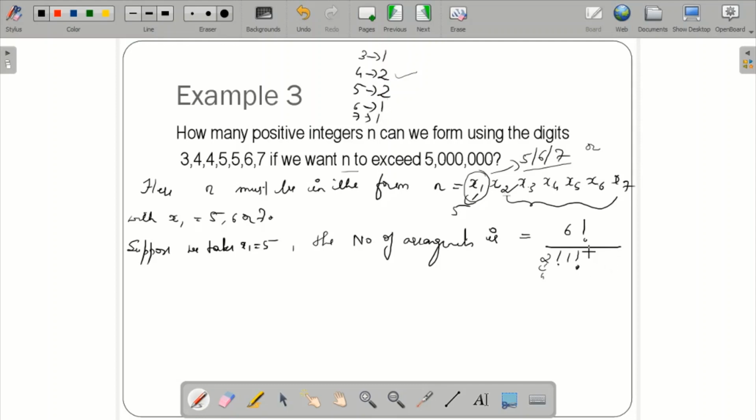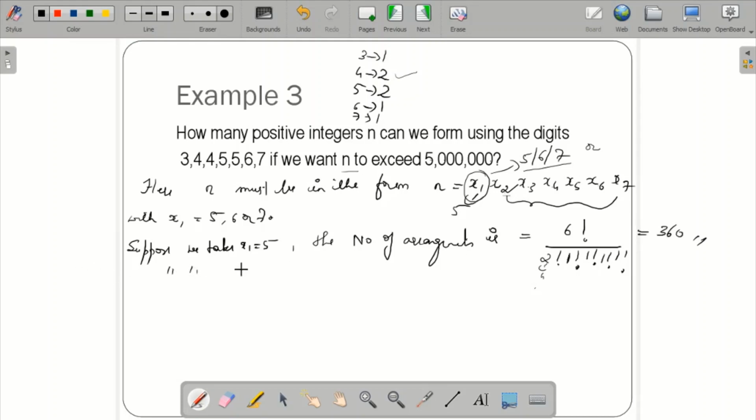So it is 2 factorial for 4, 1 factorial for 5, then 1 factorial for 6, 1 factorial for 7 and 1 factorial for 3. So it is 6 factorial divided by this. So the answer will be 360. Okay, this is for x1 equal to 5.